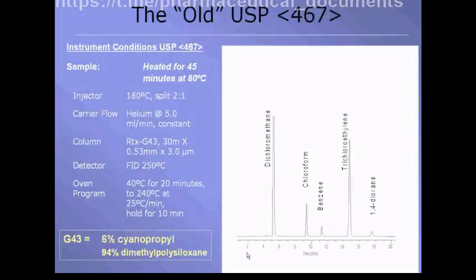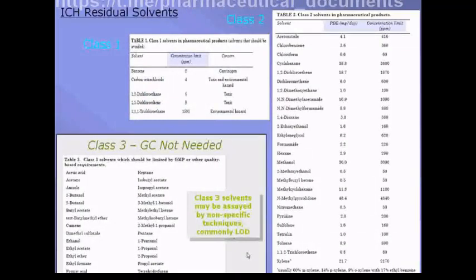When we look at what's occurring today, what we have to do in our laboratories, the ICH residual solvents, by definition, are based on class by toxicity, class 1, class 2, and class 3. We see that the class 1s have a concentration limit. These are the most toxic, therefore they're solvents that should be avoided. Class 2 are solvents that have a % daily exposure limit.